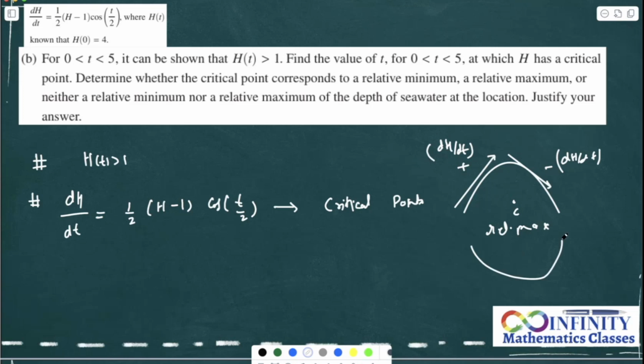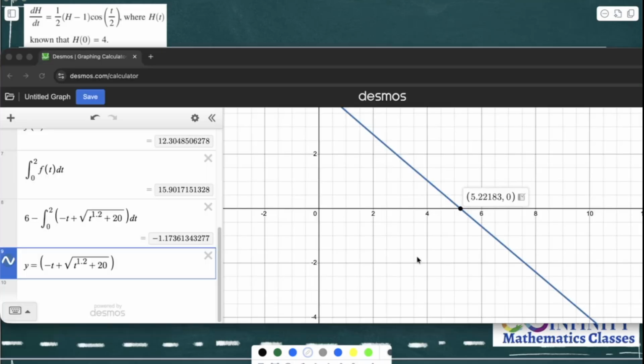And if the sign is changing from negative to positive, you will be getting a relative minimum. So you need to observe the curve, and using the curve, you can tell me what the situation is there. So I need the graph of the derivative.